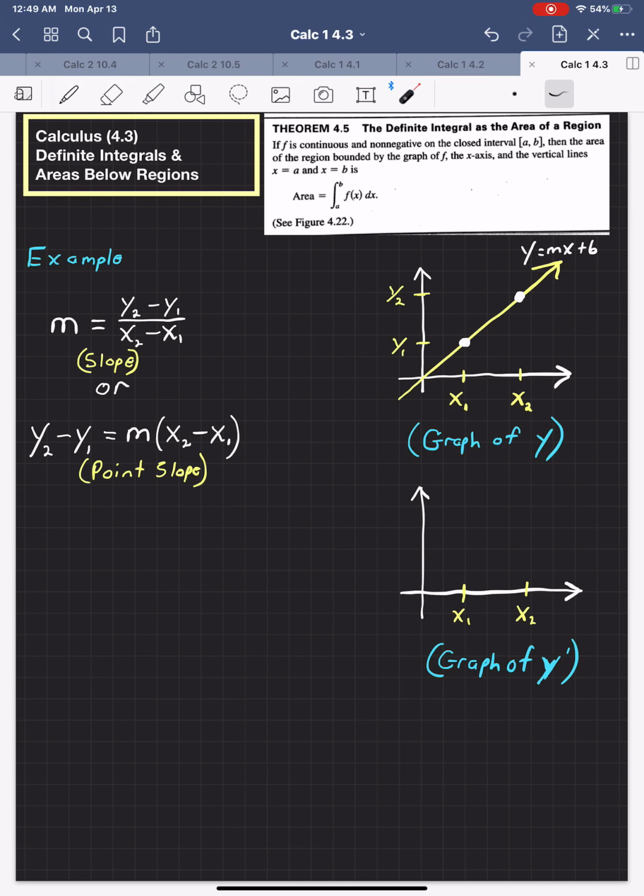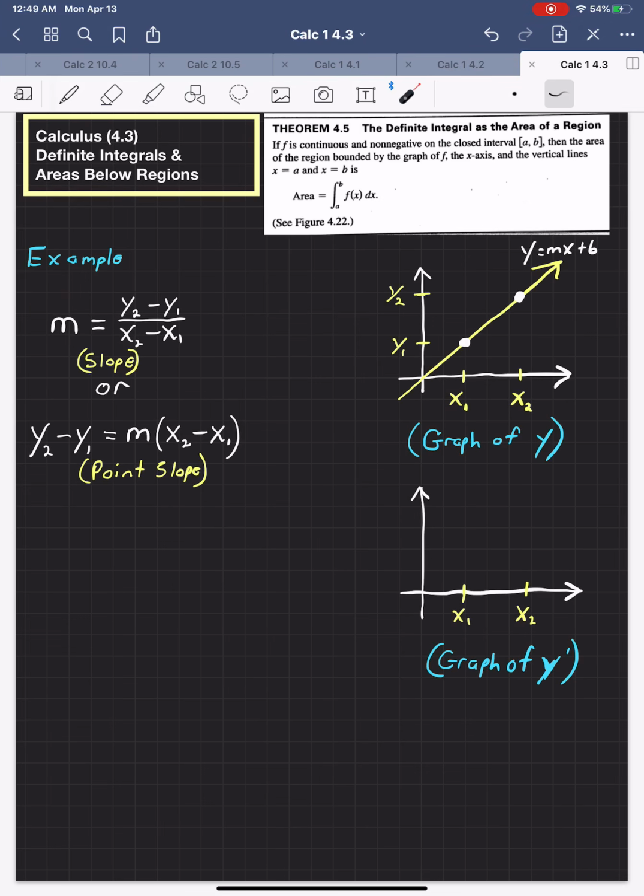Now, let me see if I can guide you here. So, what do I mean about areas under curves and how that has something to do with calculus, right? So let me see if I can guide you through a few examples first.